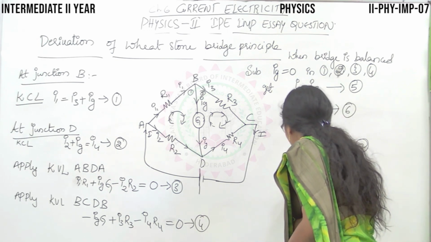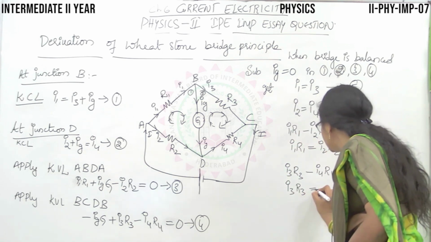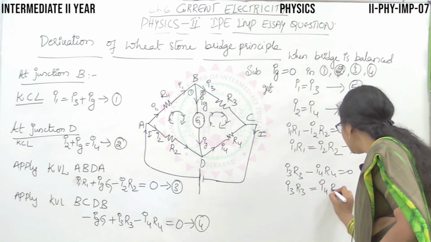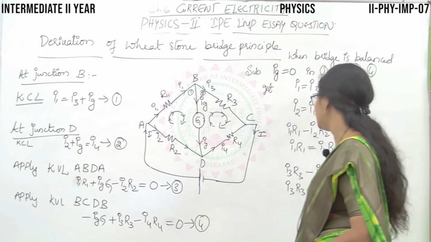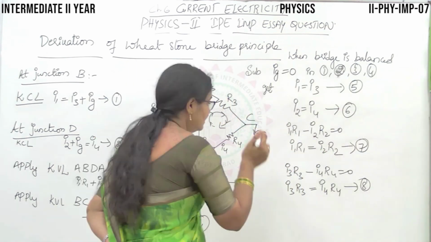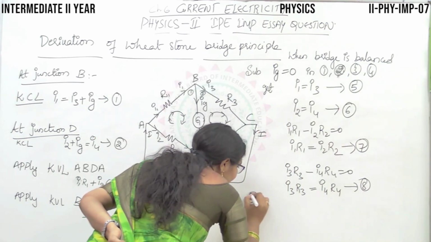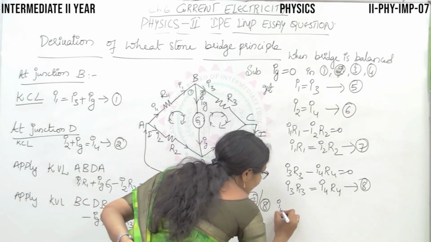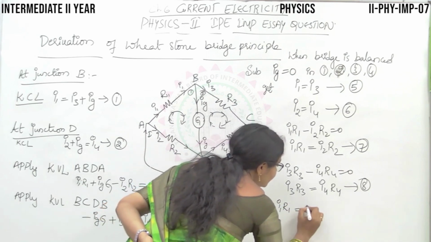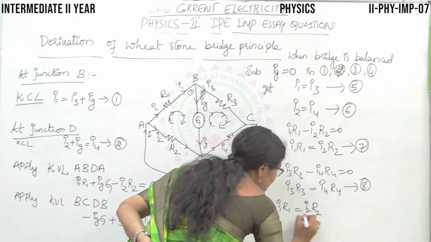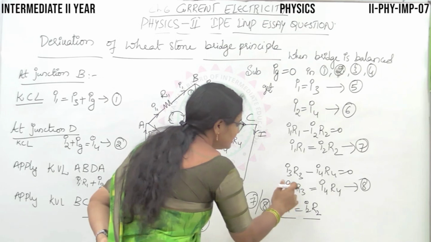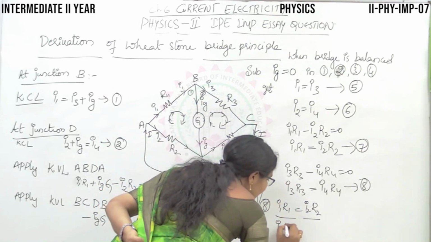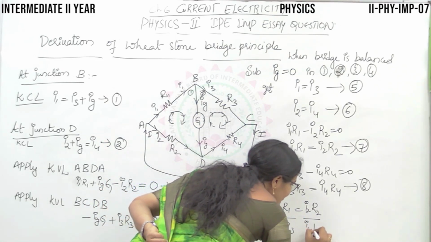From this, you get I3 R3 is equal to I4 R4. Let this be condition 8. Now, let us divide equation 7 by 8. Then what are you supposed to get? I1 R1 by I3 R3 equals I2 R2 by I4 R4.